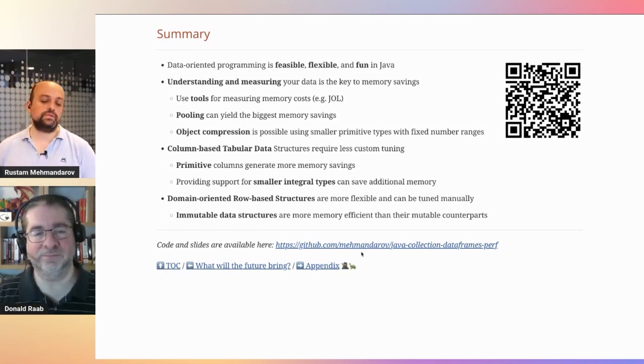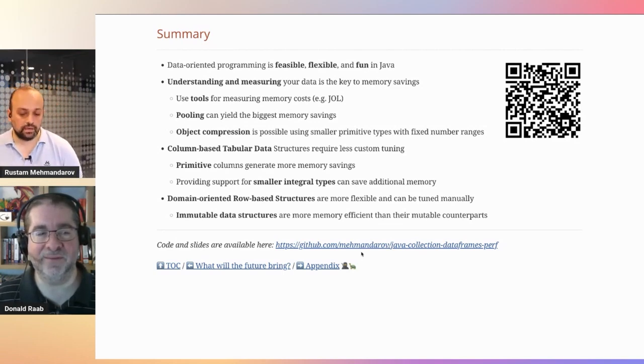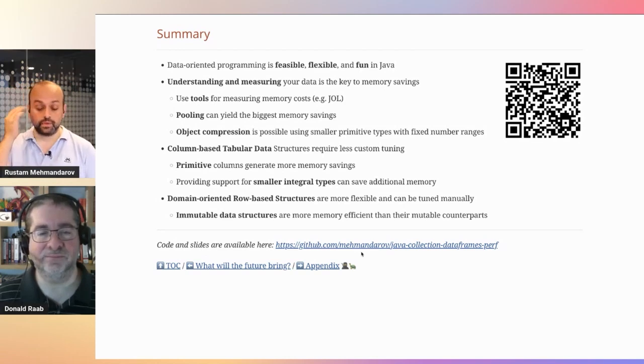We also need to think about the column-based approach versus the domain-oriented or object-oriented approach to the structure. When we do column-based, you should try to stick to primitives. Primitives will generate a lot of memory savings. You should think about providing support for smaller integral types that can add to the memory savings.